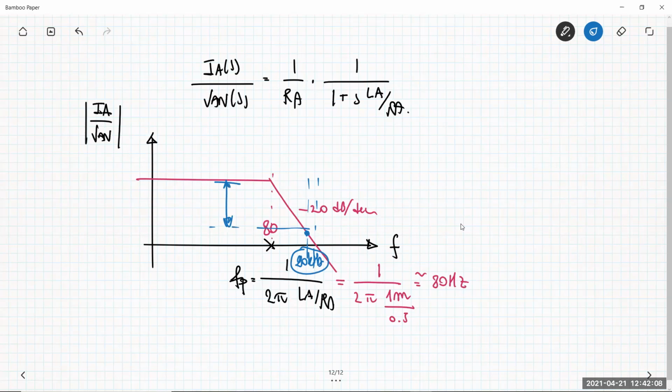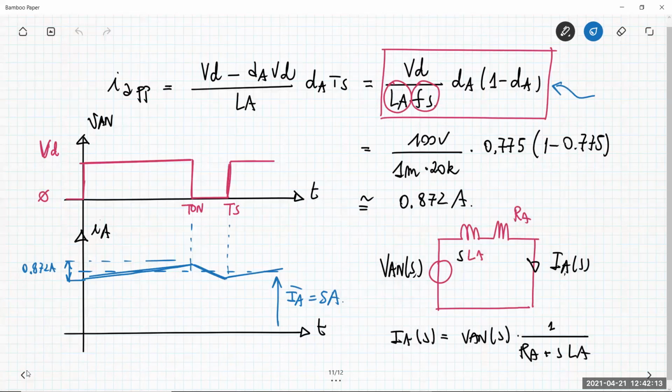In this sense, we can see that the ripple on the current is the residual of the imperfect action of this low-pass filter. If the filter was ideal, you would have no contribution of the small ripple at the switching frequency. This ripple is due to the switching action of my switch, and you can have a small residual of this ripple due to the imperfect action of this single pole low-pass filter.